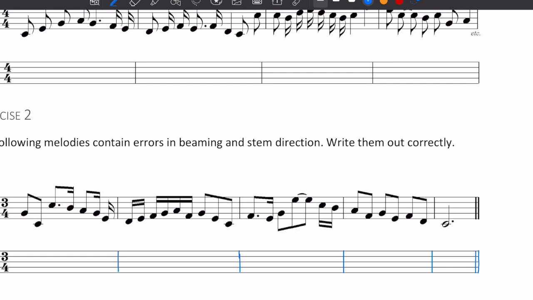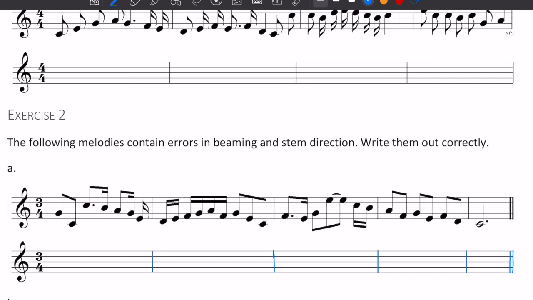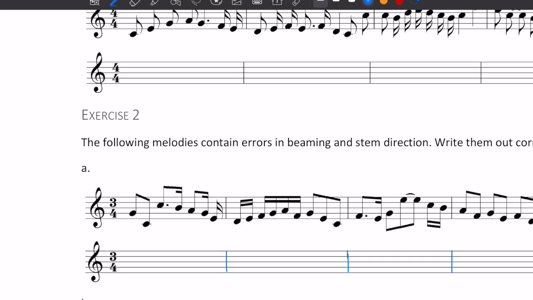So there's not necessarily an error in every measure, so you'll just have to look carefully to find out where those errors occur. Remember, the trick being that each grouping should be grouped by beat. So the beams are grouped by beat.